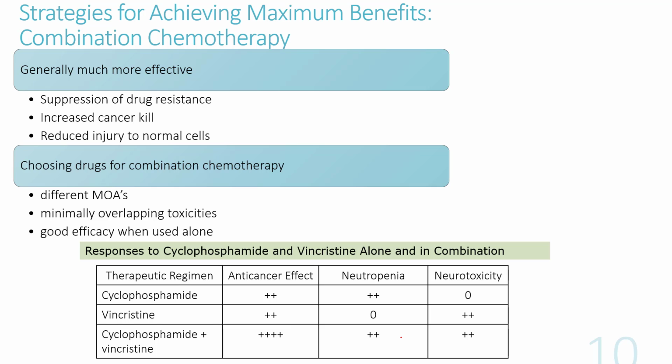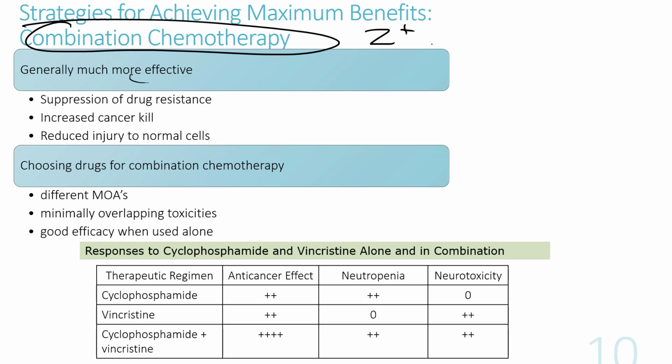Another group of strategies for achieving maximum benefits center around combination chemotherapy, right? With combination chemotherapy, you've got two or more drugs given at the same time. So this combination chemotherapy is, as it says here, generally more effective because it reduces drug resistance, because it attacks the cancer cells via two different pathways.